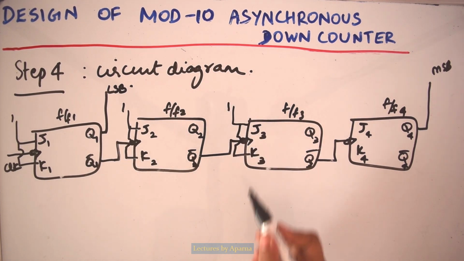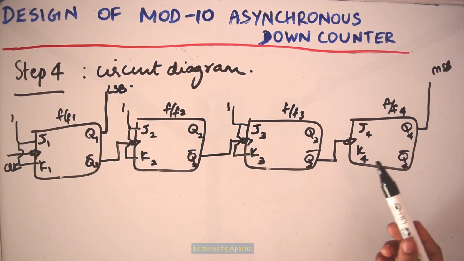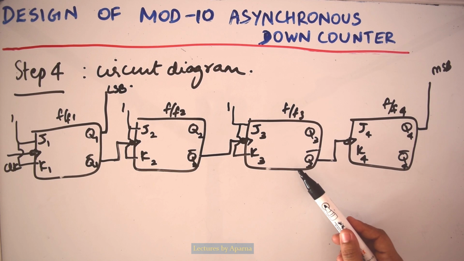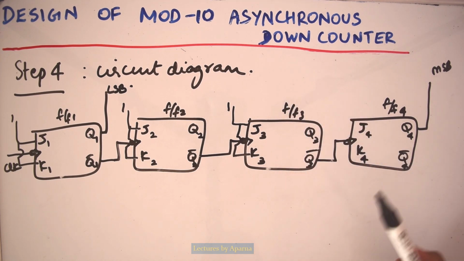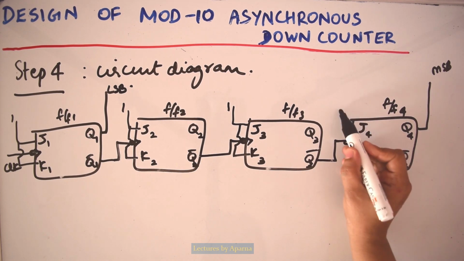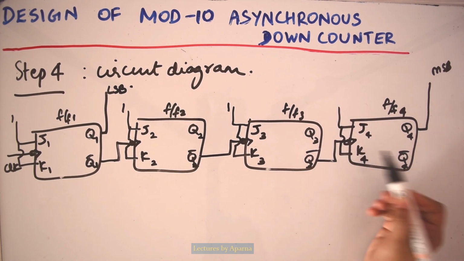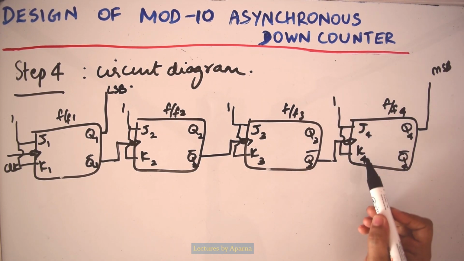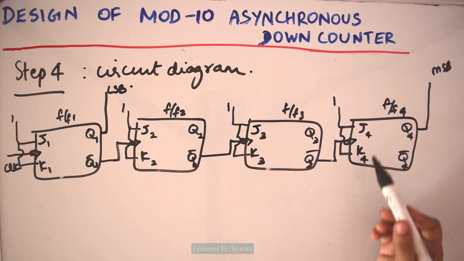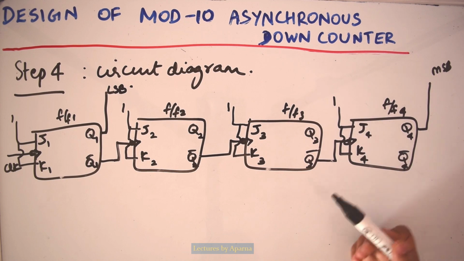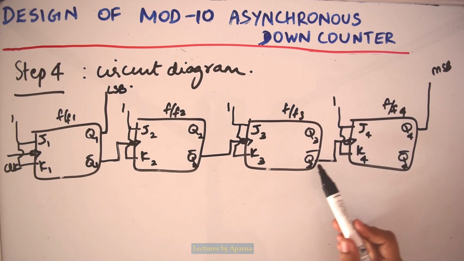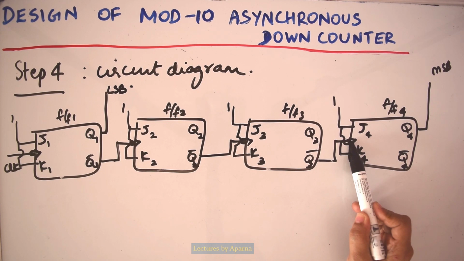These are connected to 1 so that the output will toggle between 0 and 1. I have explained this in detail in the video asynchronous down counter. You can check that video to know the reason for this connection of J and K inputs to 1 in detail. So these J and K are tied to 1 and it is from Q bar this clock signal is given to the next flip-flop.